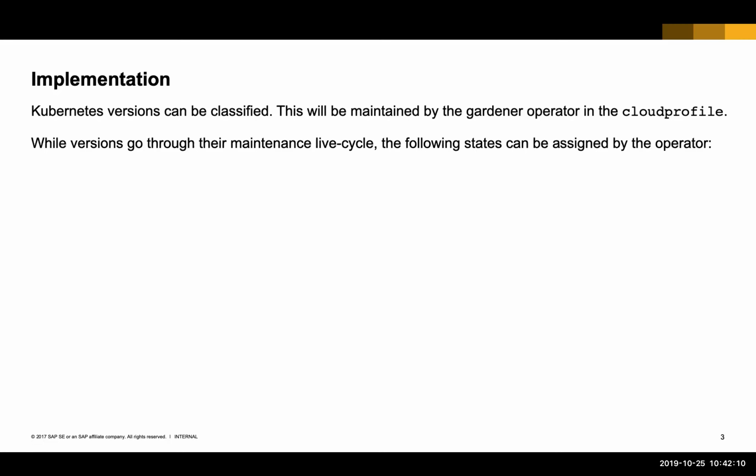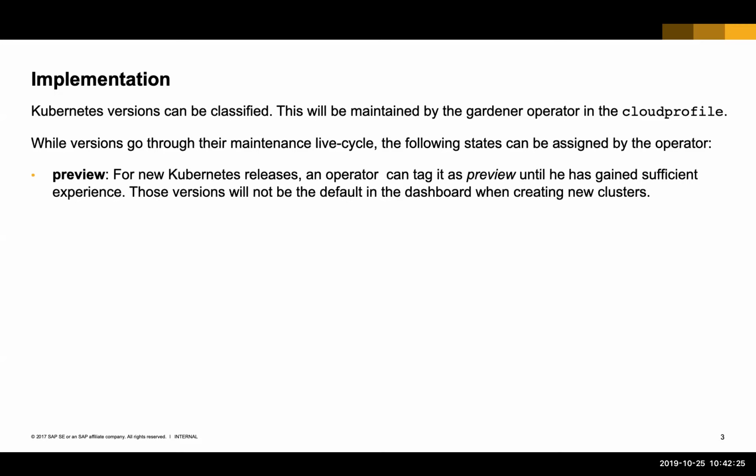So when the versions go through the maintenance life cycle, we now define the following states, and these states can be assigned to specific versions by an operator. So we will first have a preview state for new Kubernetes minor versions.